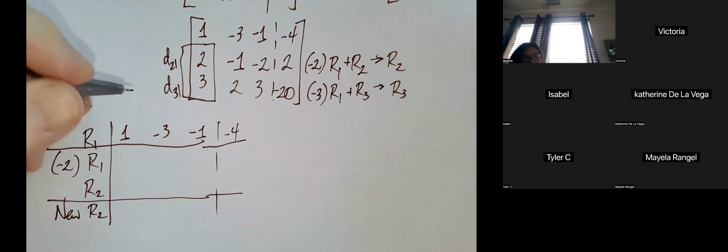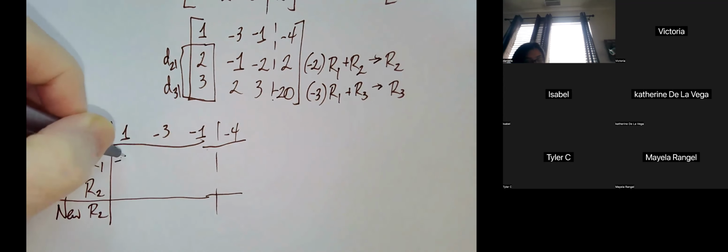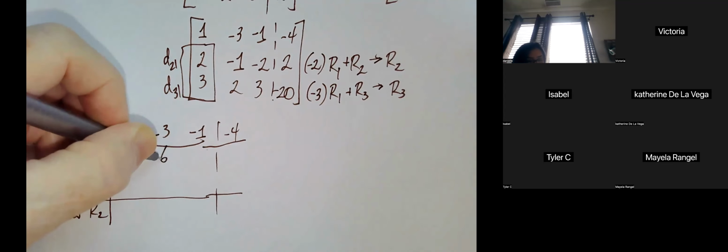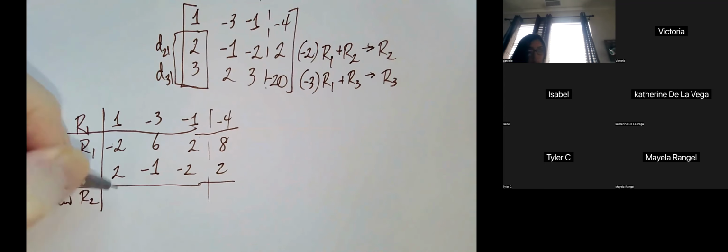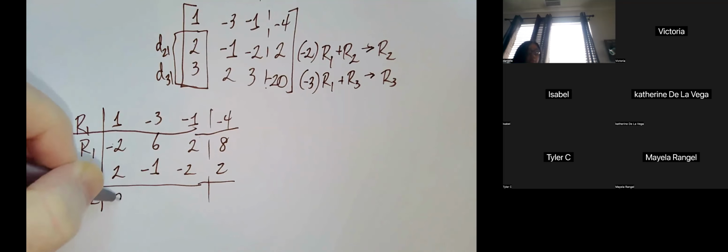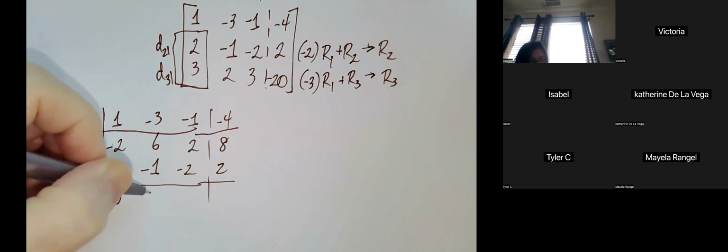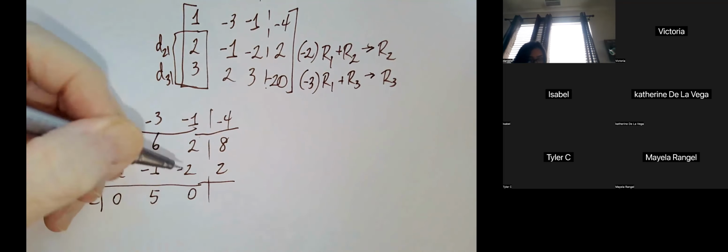I'm just now multiplying row 1 by -2. Okay, I'm going to catch up with you. So now what is our new row 2? 0, and then 5, 0, and then 10. Awesome.